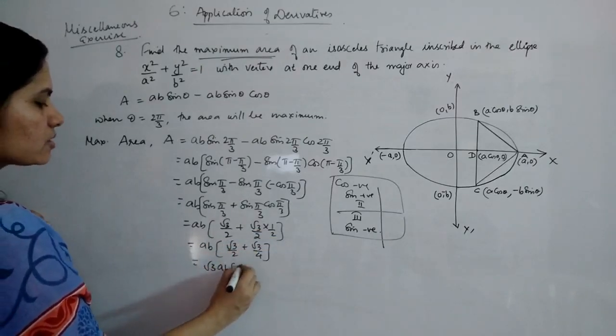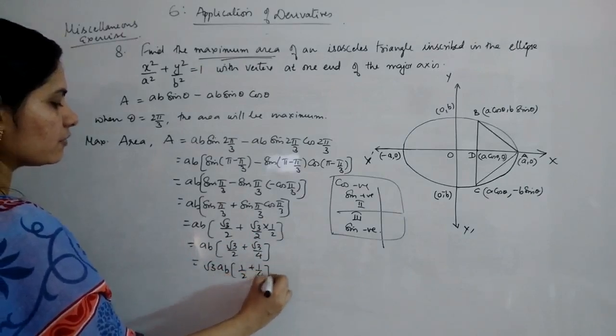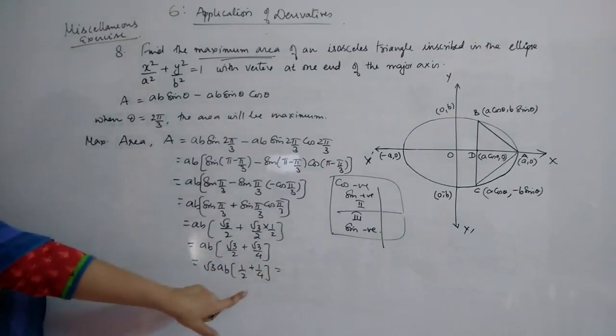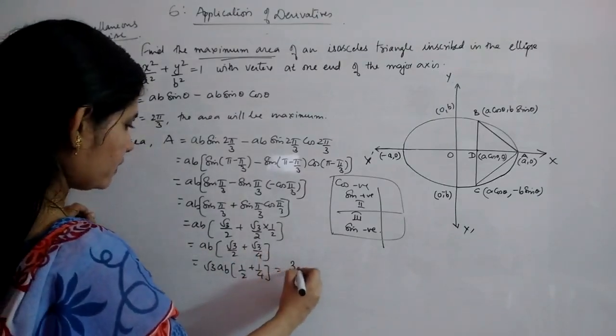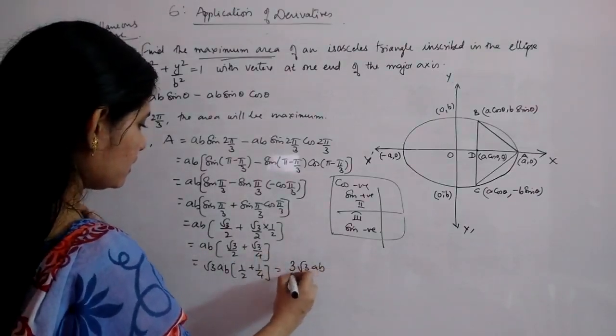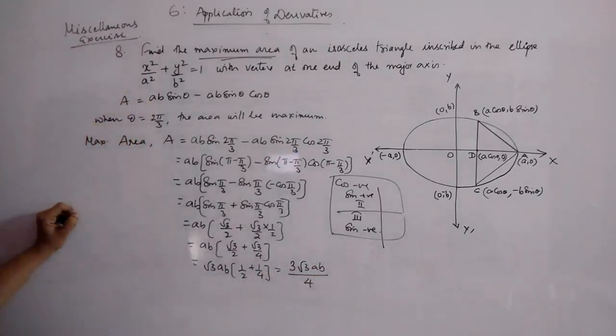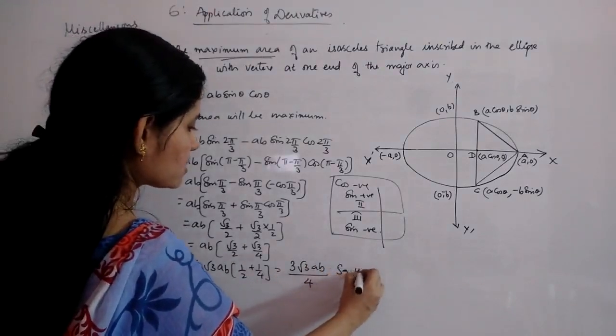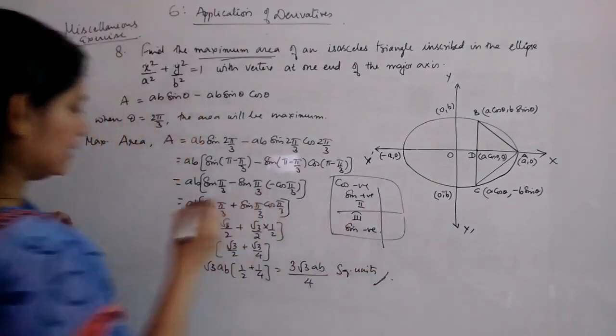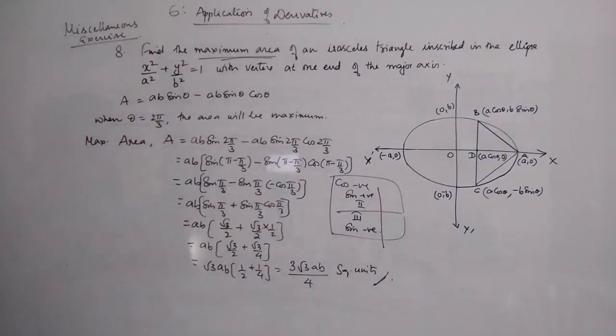Root 3 AB into half plus 1 by 4 will give you 3 by 4, right? So it is 3 root 3 AB by 4 square units will be the area. Clear? So this is the maximum area, 3 root 3 AB by 4 square units.